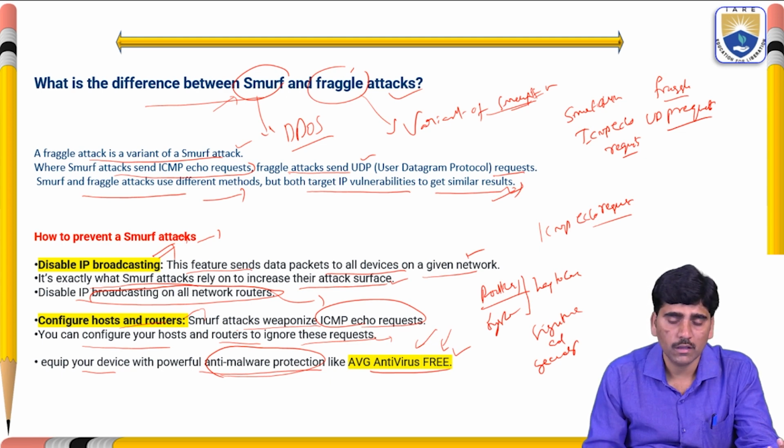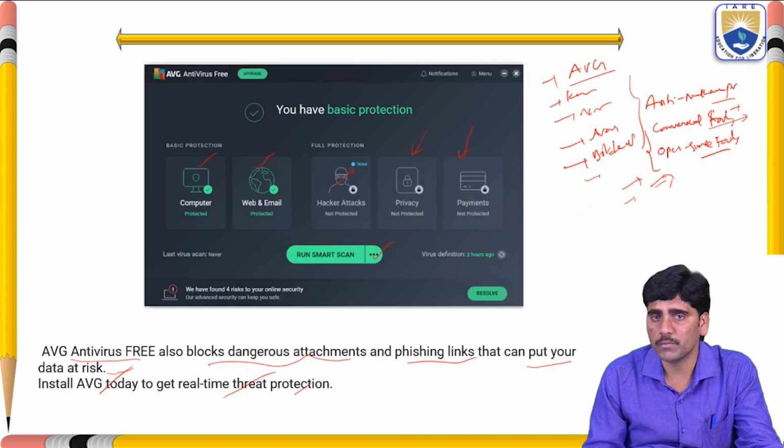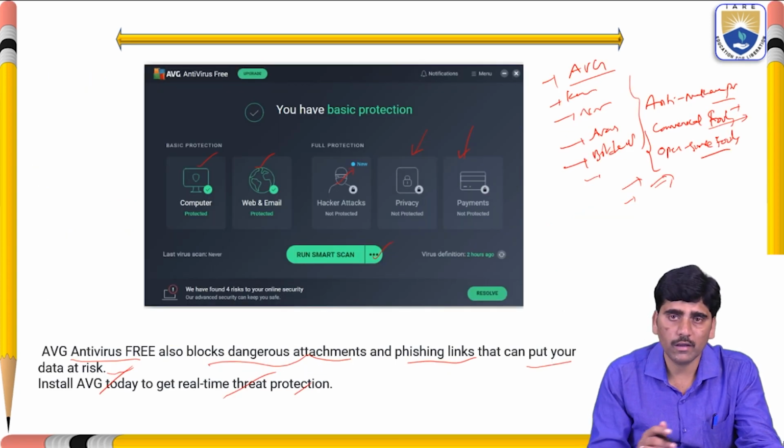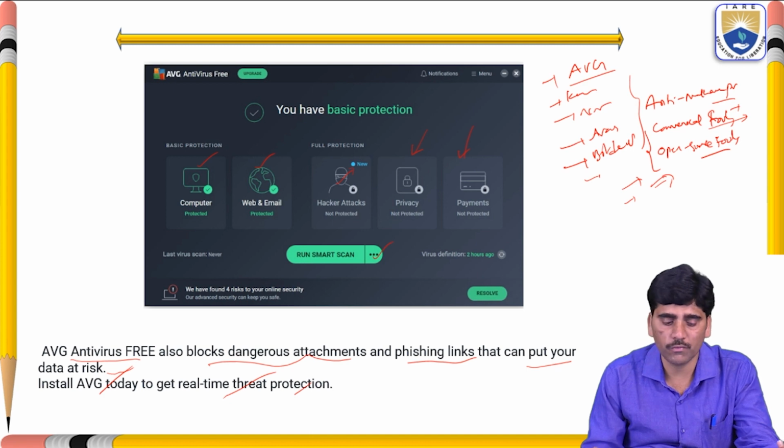For this, we can also use anti-malware protection software. For example, AVG is one type of antivirus software which provides different types of malware scanning techniques.